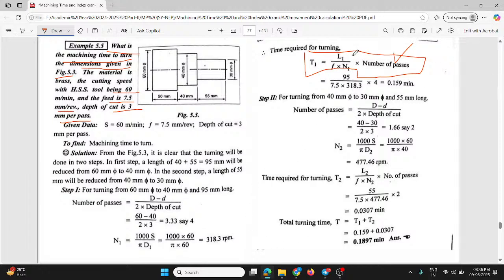Here L is known, F is known, N is not known, so accordingly you can calculate the N by using the formula, that is V is nothing but equals to pi d n divided by 1000.